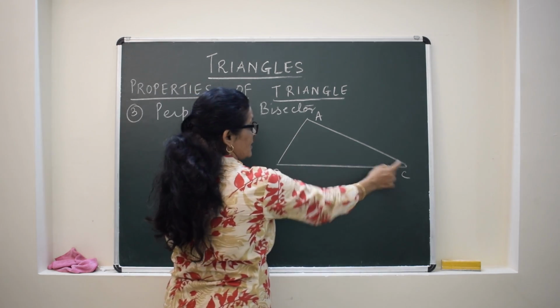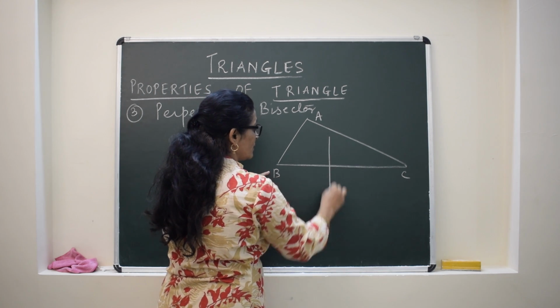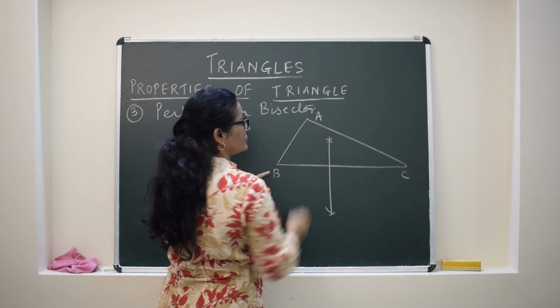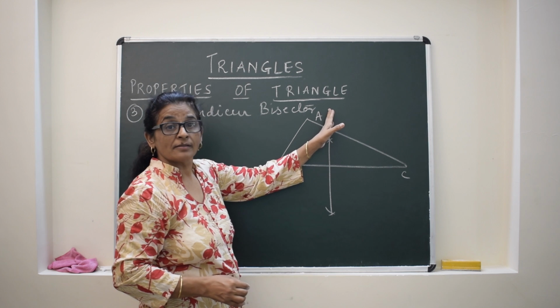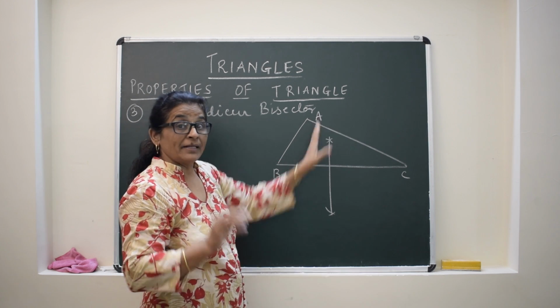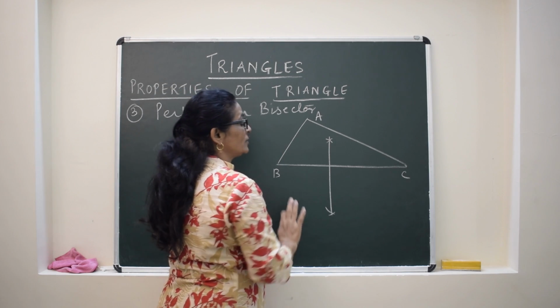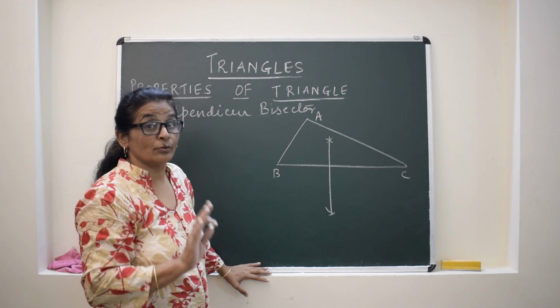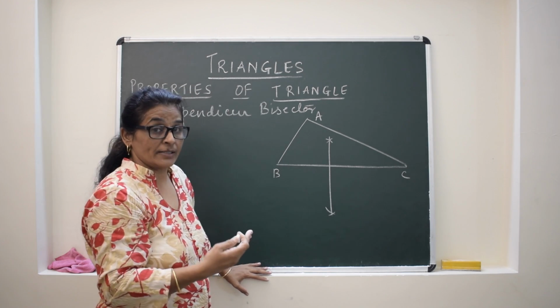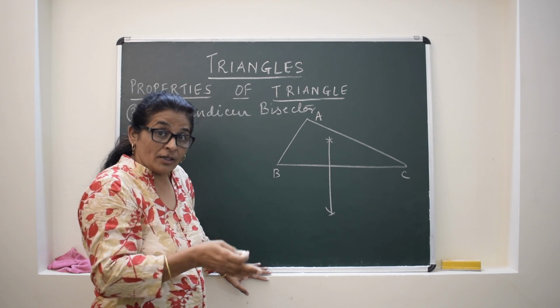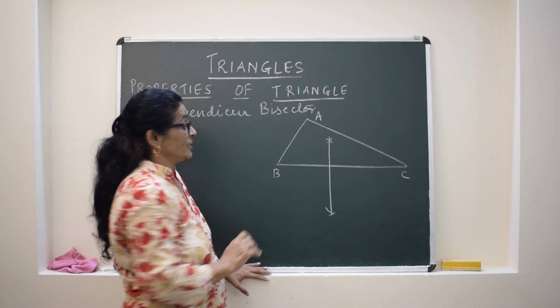For this BC, if we drop a perpendicular bisector like this, it will not meet the opposite vertex. But in an equilateral triangle, it will. For any other general triangle, there is no rule that it will come from the vertex. It has to be perpendicular as well as bisect the line segment.